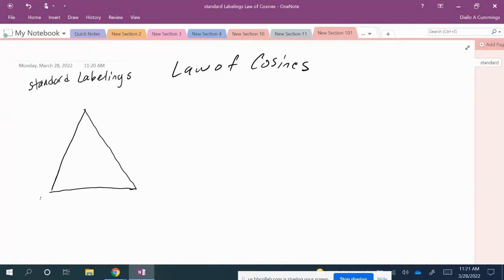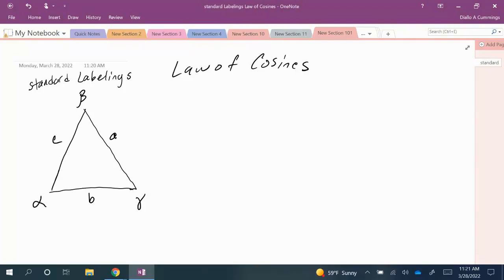We have angle alpha, angle beta, and angle gamma, instead of capital A, B, and C as in the formulas. The side opposite angle alpha is side A, the side opposite angle beta is side B, and the side opposite angle gamma is side length C.